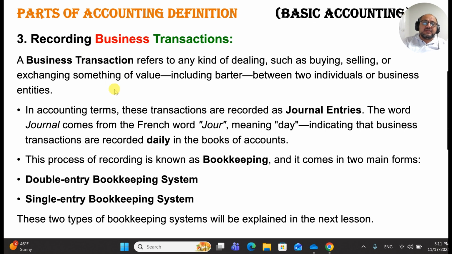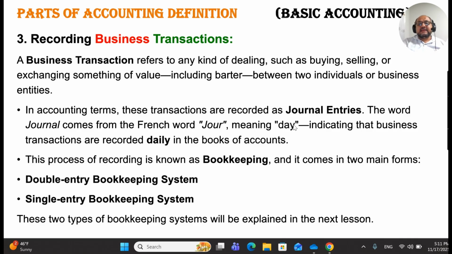And in this transaction, you go to the grocery stores, purchase items, and give cash to them. This is called a dealing between two persons. In accounting terms, these transactions are recorded as journal entries. What does journal entries mean? The word journal is derived from the French word jour, which means day.